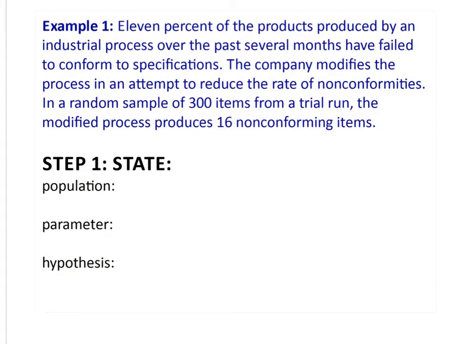So if we start at step 1, the population would be the who. Well, the who is the products that we're producing at this industrial process. So you can just say all products, and that shows me that it's the products, not people or the company.